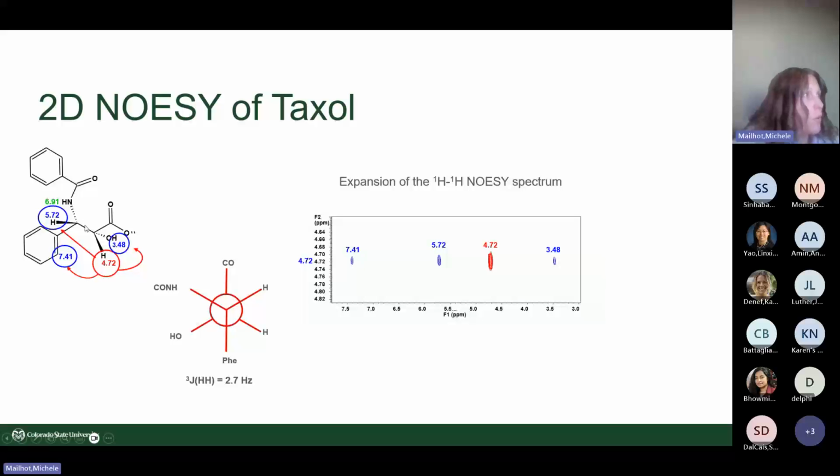You see one at 7.4, that one, and you see one at 3.48. So that's this proton. Based on the intensity, you can tell how close they are to one another. So this one has more intensity than this one, than that one. Based on that, if you look down the plane, you can tell that this has to be the orientation of that bond based on the NOE data.